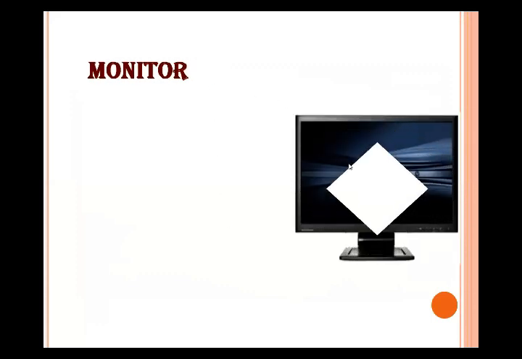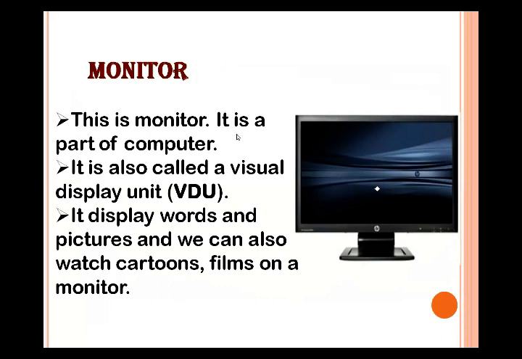The first one is the monitor. This is a monitor, and it is a part of the computer. It is called a visual display unit, or VDU. The short name of the visual display unit is VDU: V for visual, D for display, and U for unit.